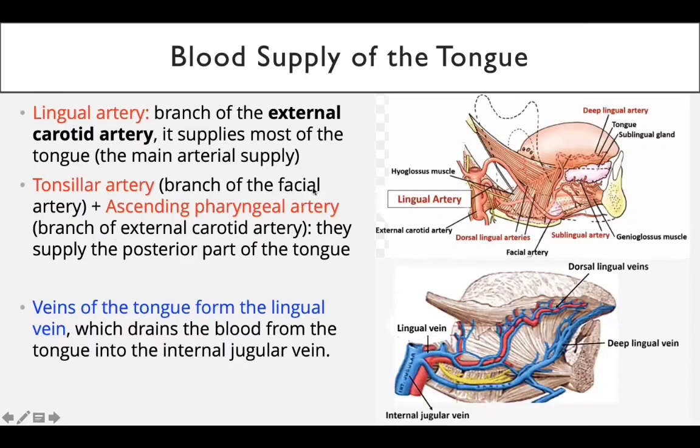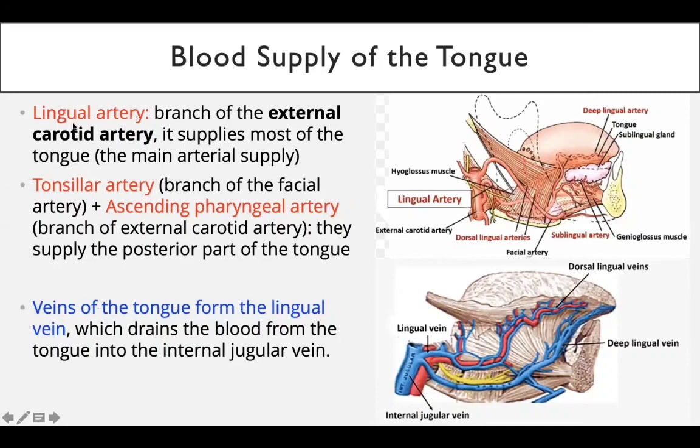These blood supplies and nerve supplies matter because some of the diseases and clinical scenarios are based on the supply, when there's an accident, nerve paralysis or muscle paralysis. That's why you need to know the blood supply and nerve supply. Vein is very easy, lingual vein.